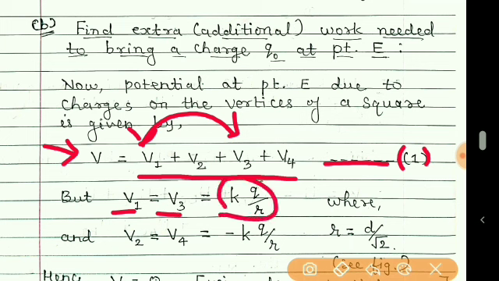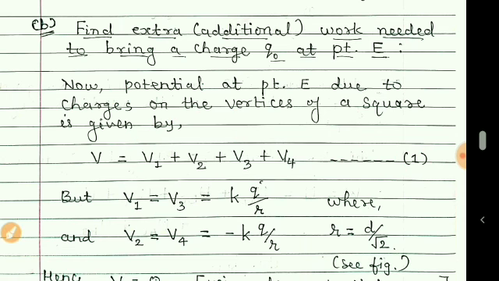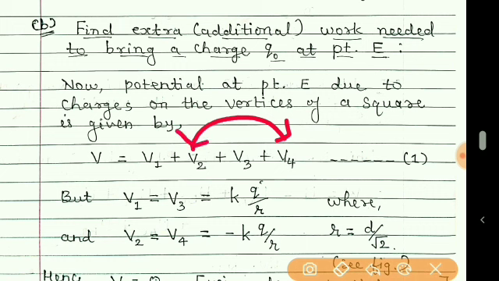Also, the potential of B and D is same, that is V2 is equal to V4, but as here the charges are negative, so the potential is negative.